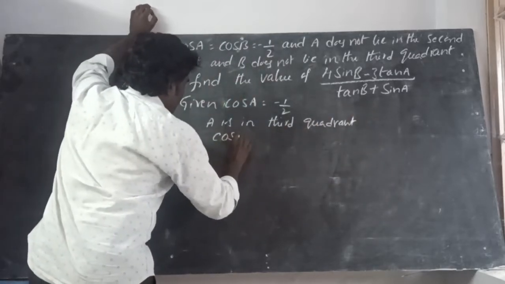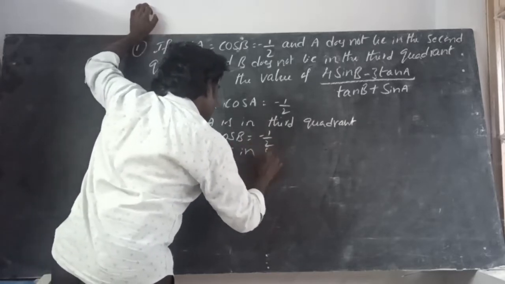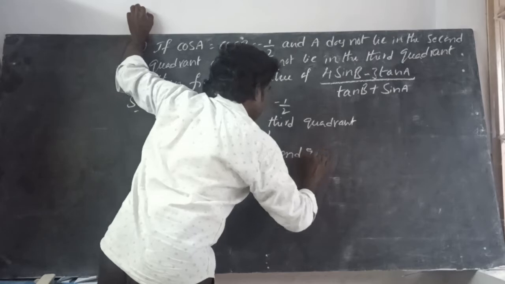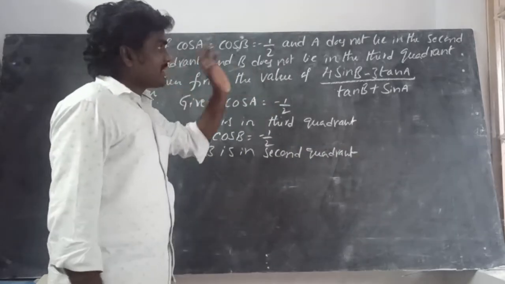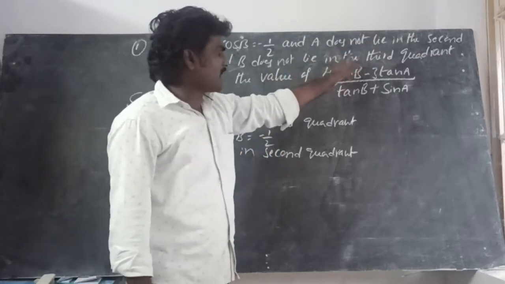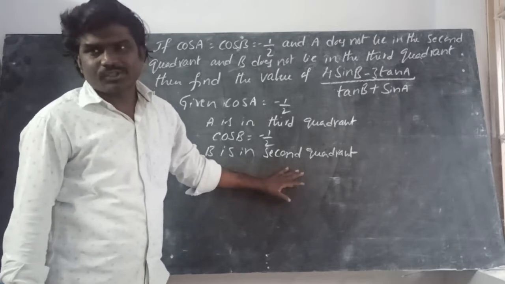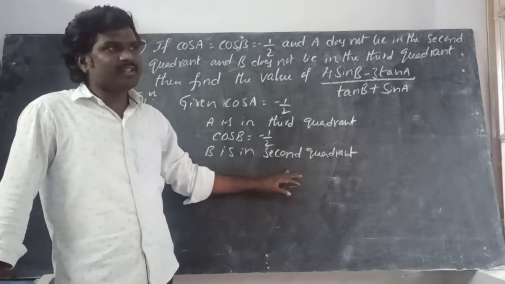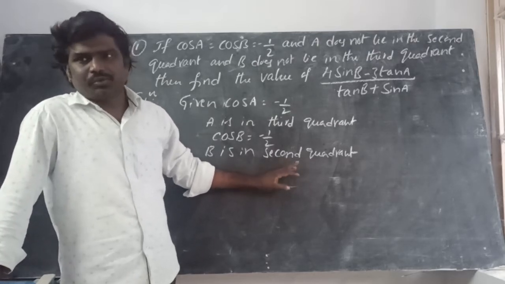Next, cos B is equal to minus 1 by 2, B is in the second quadrant. Why? Here they have given that A is not in the second quadrant, that means it is in the third quadrant. B is not in the third quadrant, that means it is in the second quadrant. The cos ratio is negative in the second and third. In the first and fourth it is positive.